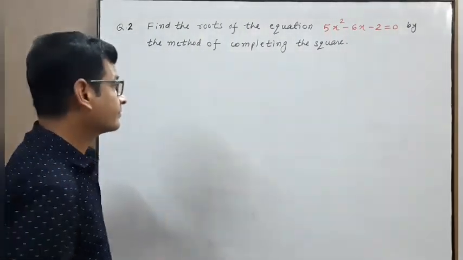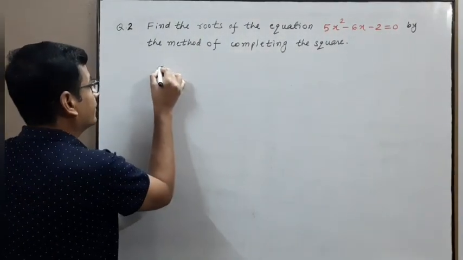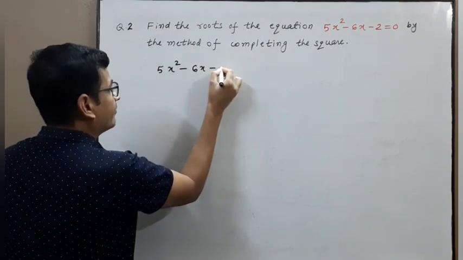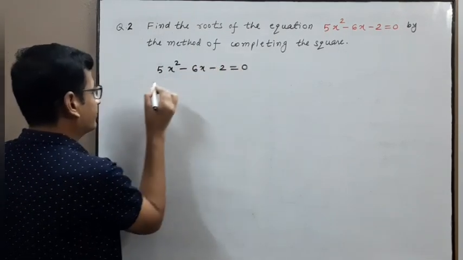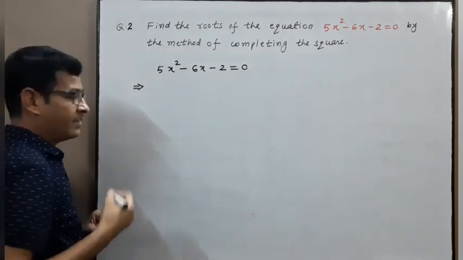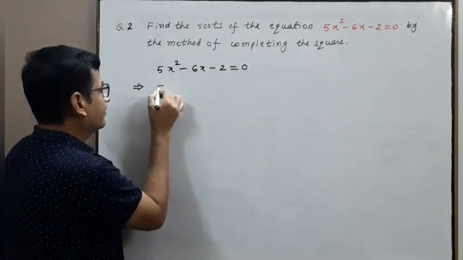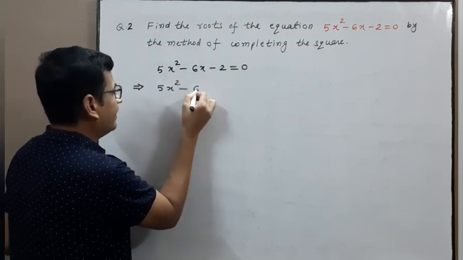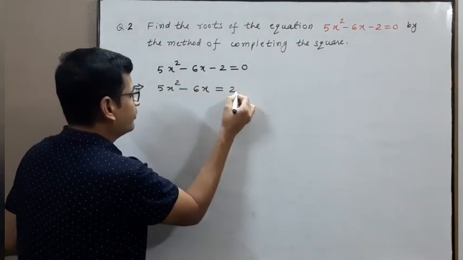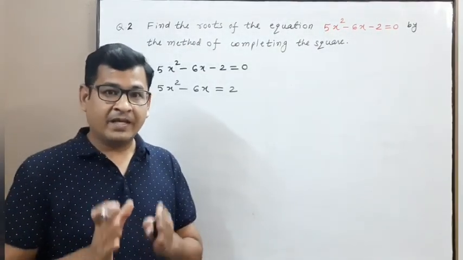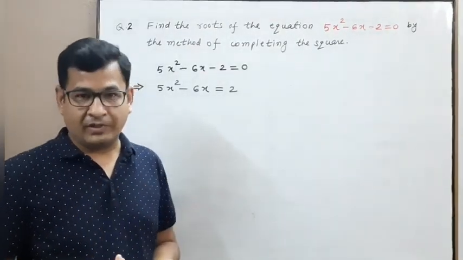Next problem, 5x square minus 6x minus 2 equal to 0. First step, separate variable and constant. 5x square minus 6x equal to 2. For easier calculation, make the coefficient of x square equal to 1.